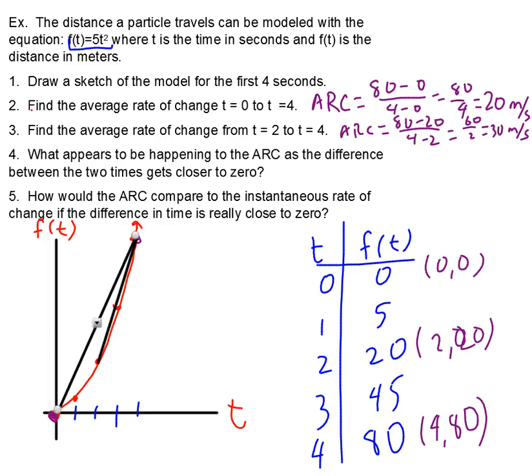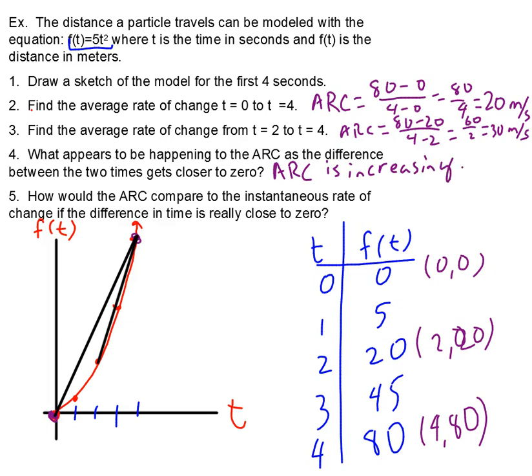As I travel along this way, it looks like my slope is getting steeper and steeper, right? Okay. So, in part 4, it says, what appears to be happening to the average rate of change as the difference between the two times gets closer and closer to 0? In other words, from 4 seconds to 2 seconds to, say, 1 second, and so on. It looks like the average rate of change is increasing. Okay?